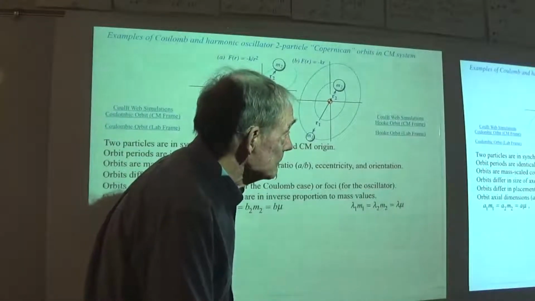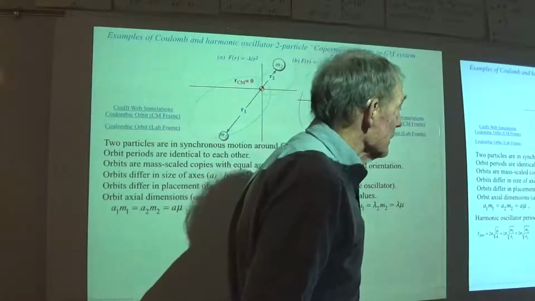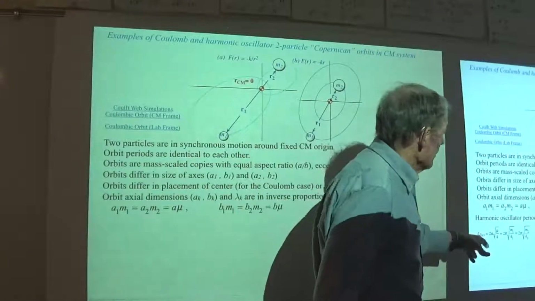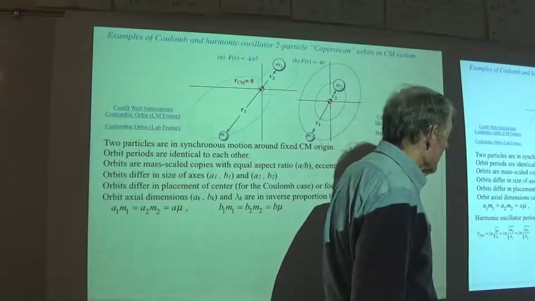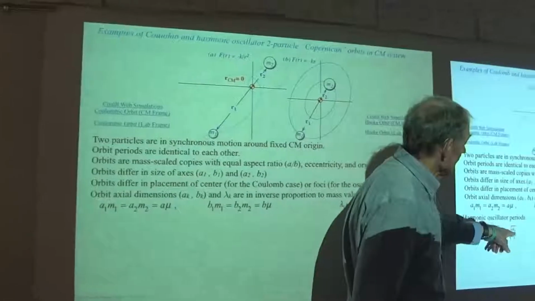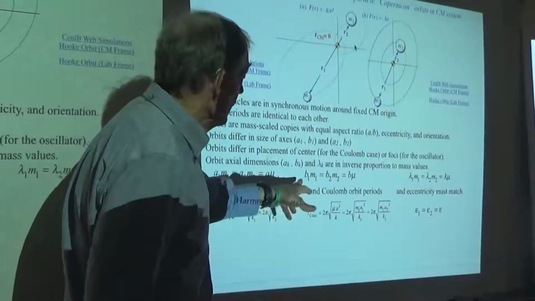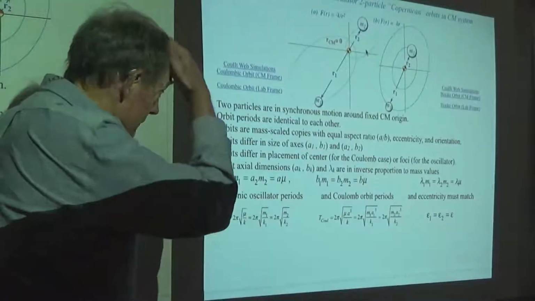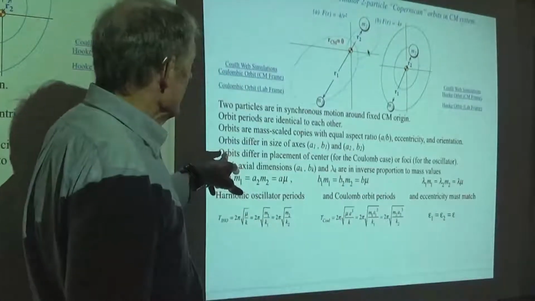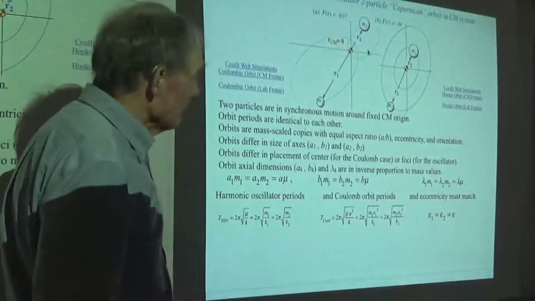So the formulas for doing that in the harmonic oscillator case, and what's different is the time scale for orbits. The ratios of these things are going to be different if we do these rescalings. The basic idea is the difference in placement of center for the Coulomb case versus foci for the oscillator.